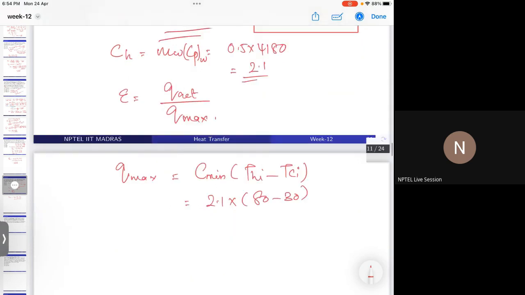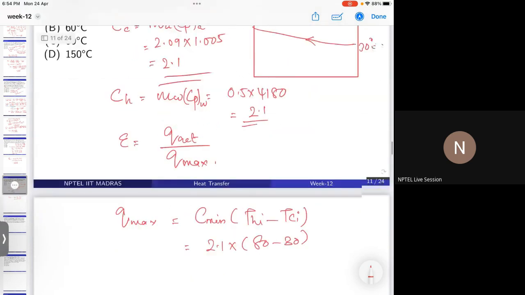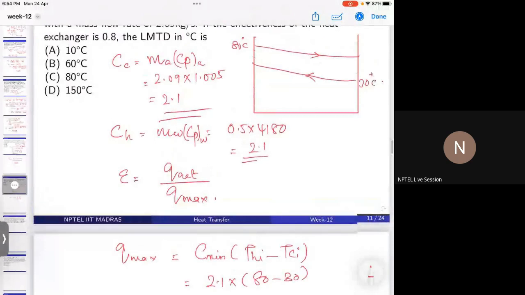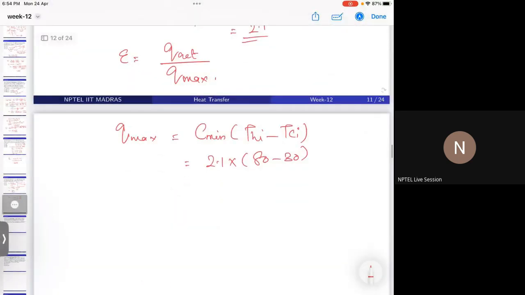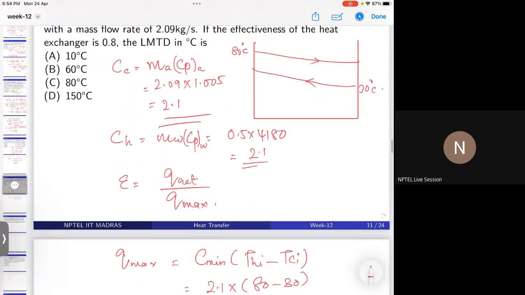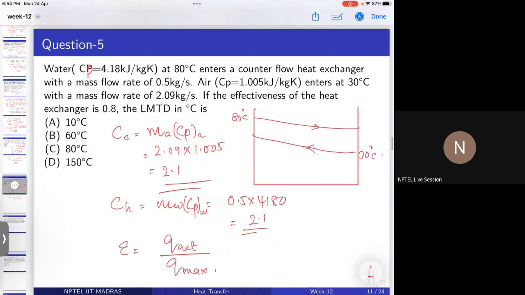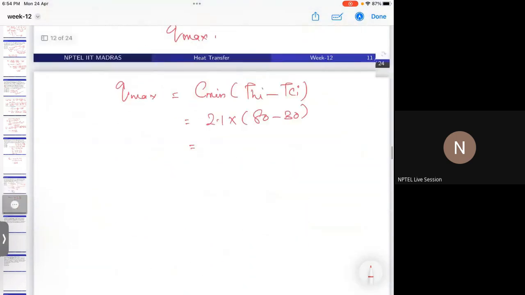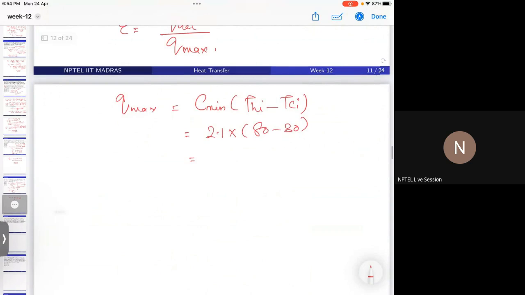What is this answer? So 100. This is in kilojoule, you have to multiply by 1000 to convert to joule. Okay, so you will get the answer in kilowatts. So what is the answer? 100.